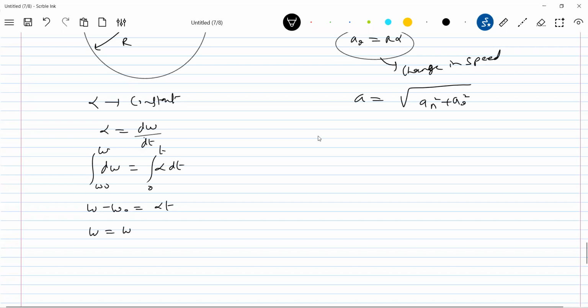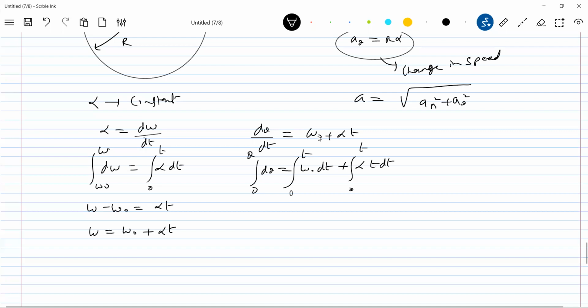So somewhere this equation is similar to what you came across, no? Equations of motion. Then further, with alpha constant, the angular displacement from 0 to t: theta equals integral of omega dt, so this will become omega naught t plus half alpha t square, the angular displacement.